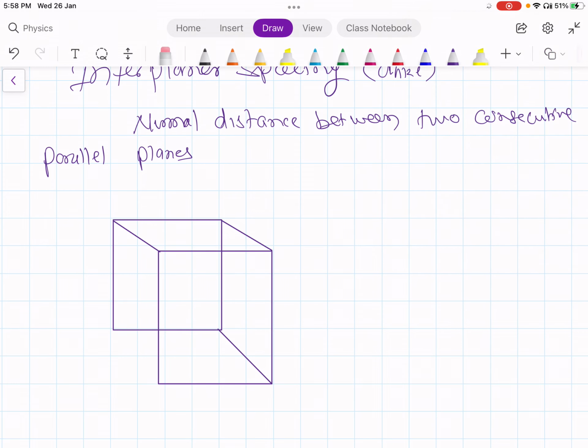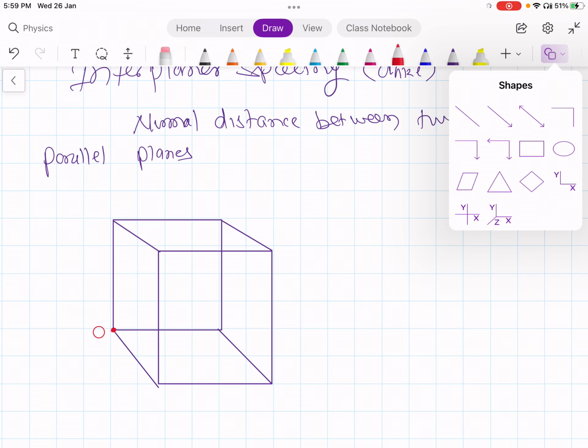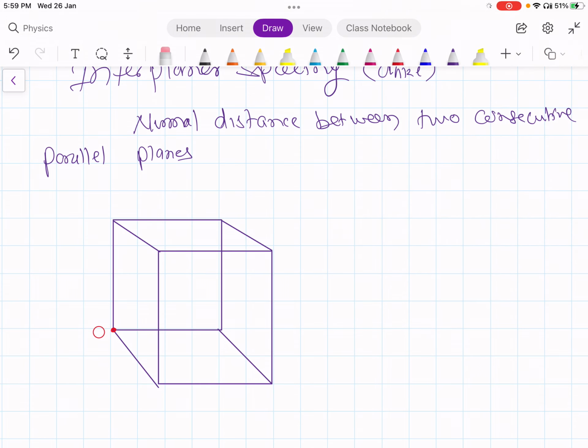So this is the unit cell. And let's say that this is the origin O, and if that is the origin, then you have to mark the axes.